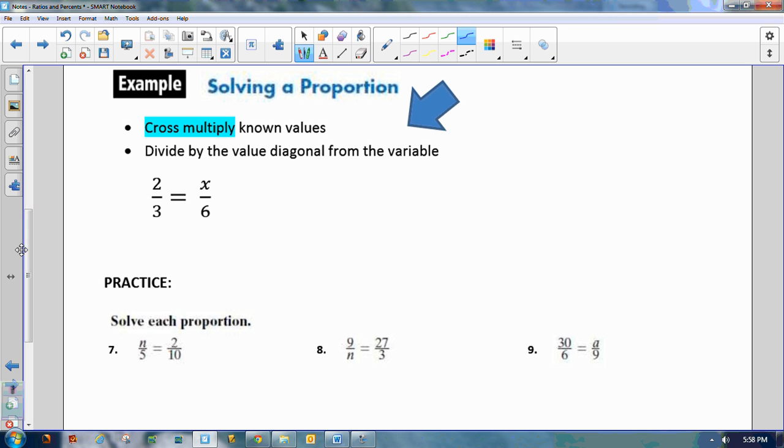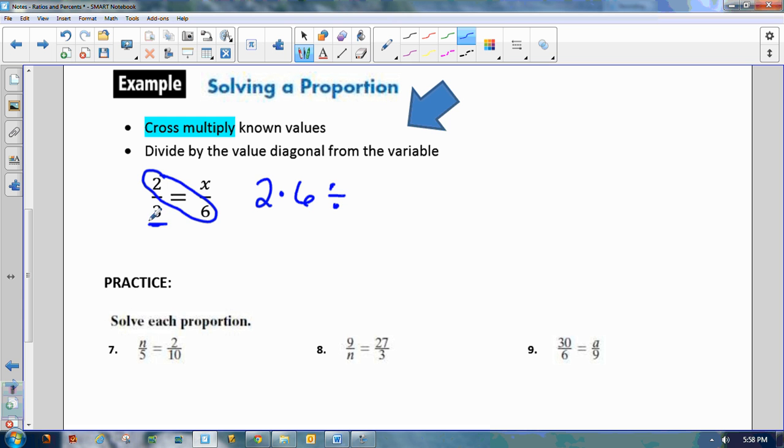Our next part is solving a proportion. In order to solve a proportion, we're going to cross multiply our known values and divide those by the value diagonal from the variable. So I know cross multiply here, 2 and 6, I know both those values. If I cross multiply here, I don't know this value, so I can't multiply them. So we're going to multiply these two values. So we're going to say 2 times 6, and then it says divide by the value diagonal from the variable.